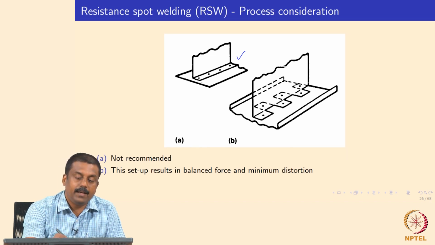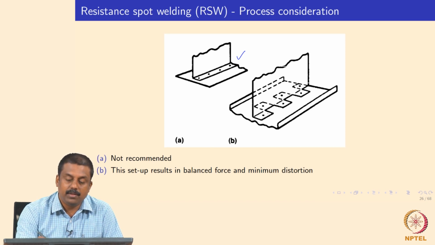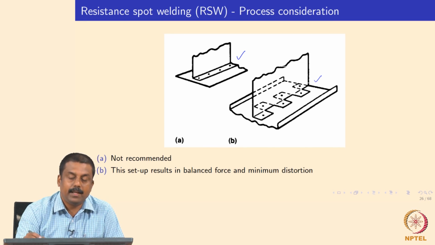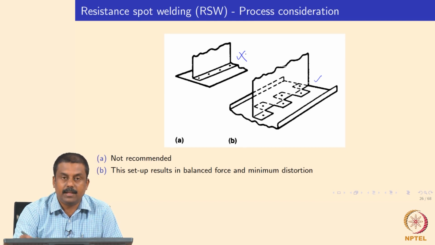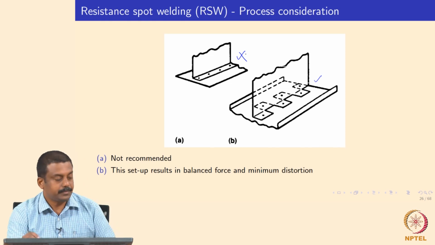So instead of having spot welds made in an L configuration, it is always advisable to have a zigzag configuration, which is much more advisable in terms of stiffness, because this setup results in balanced force and minimum distortion compared to the L configuration.